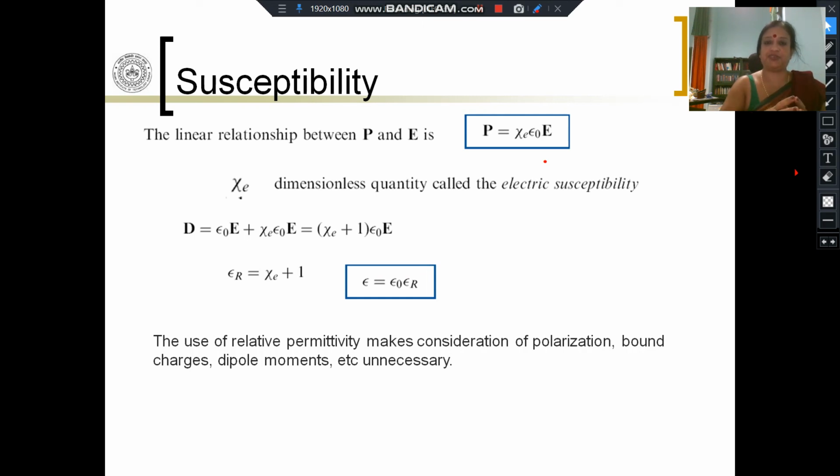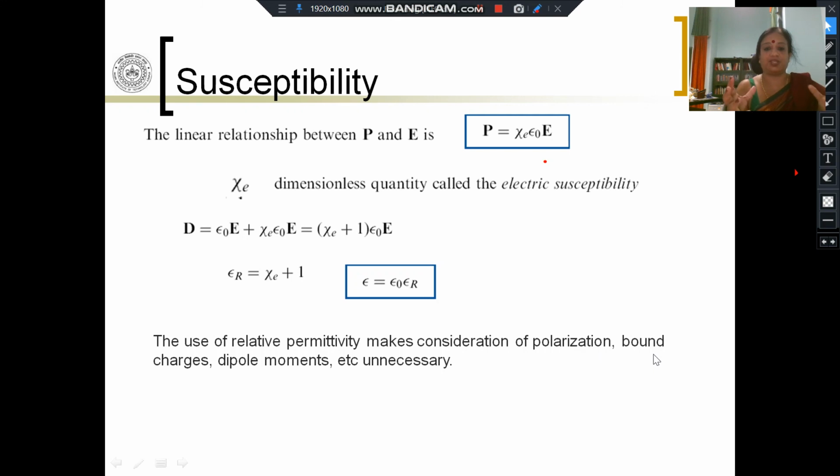So a material which has a higher dielectric constant has more polarization, is susceptible to more polarization, has a higher susceptibility, and the use of relative permittivity is to take into consideration polarization, bound charges, dipole moments.